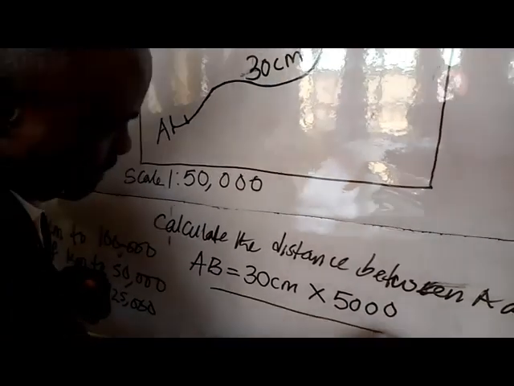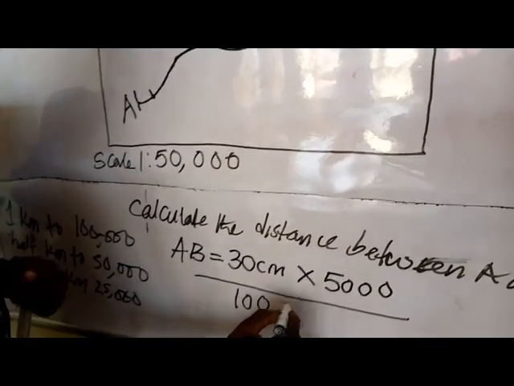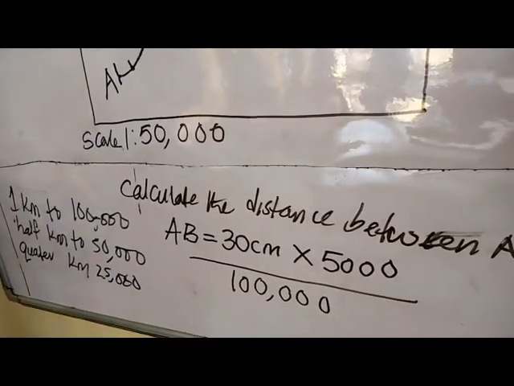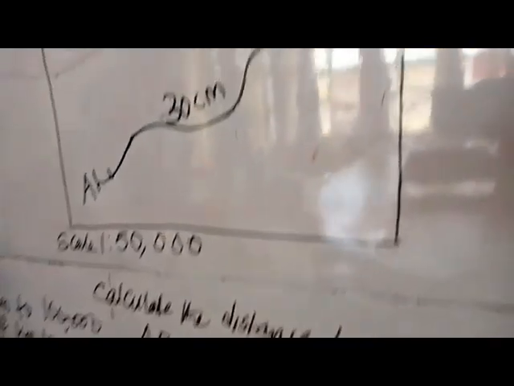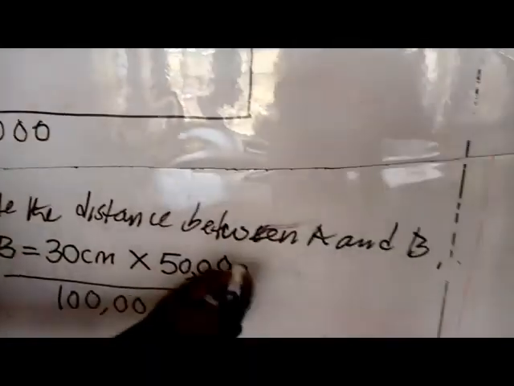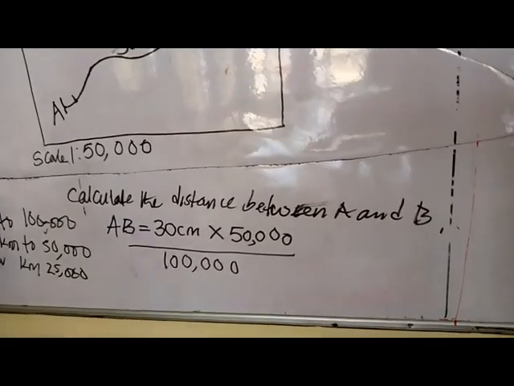All over 100,000. All over what? 100,000. Why do we say all over 100,000? Where is this 100,000 from? I know that is a good question.